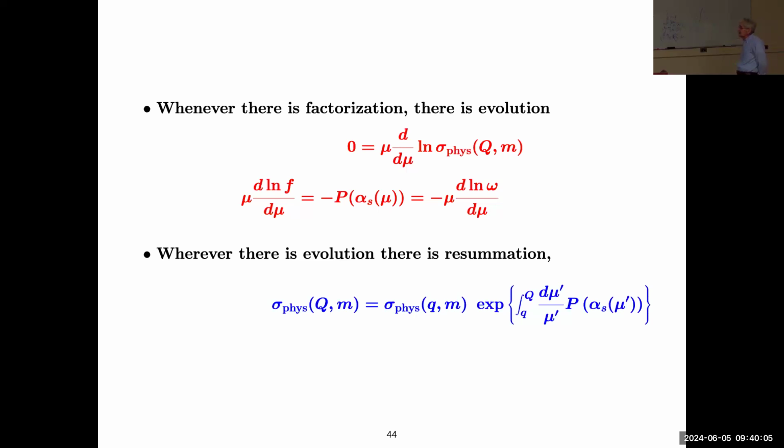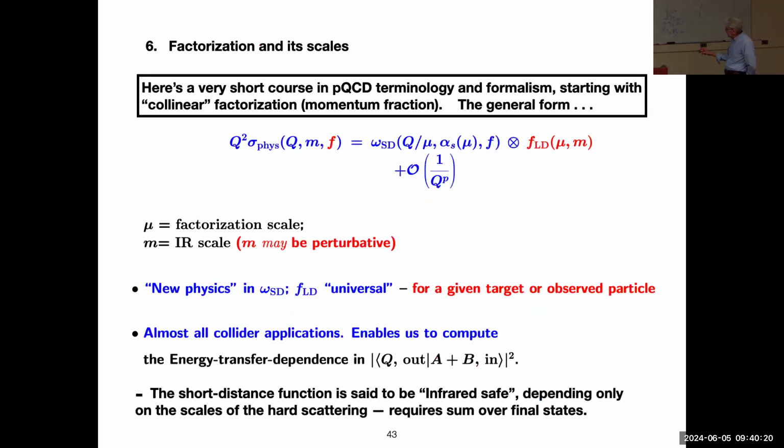And then the second line in red says that this is a case where we have separation of variables, because we have dimensionless ratios on the left and right of this equation. Here, mu appears in the short distance part as Q over mu, and in the coupling alpha s of mu.